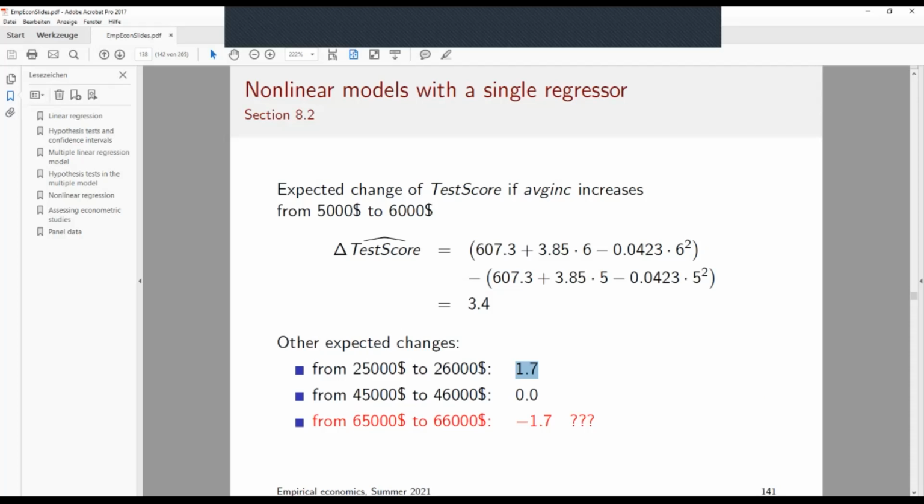But average income was just a variable that should be an approximation of how well the kids are supported by their parents, how good their outside school learning opportunities are, and so on. So what we really expect is not a decrease in test score if parents earn more.